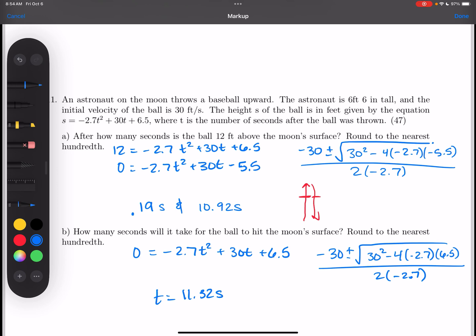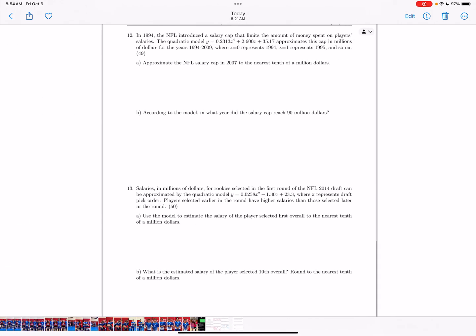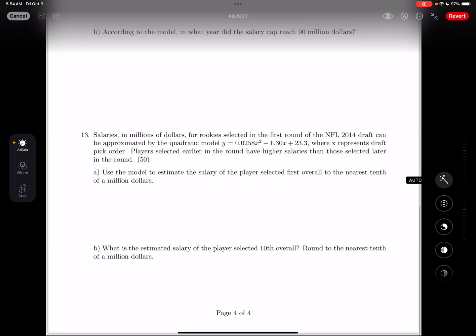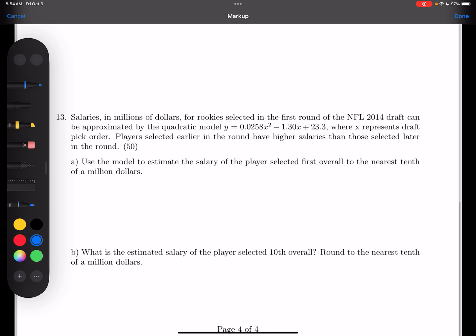One more. Let's go to the next page, number 13, and then we'll be done. All right.